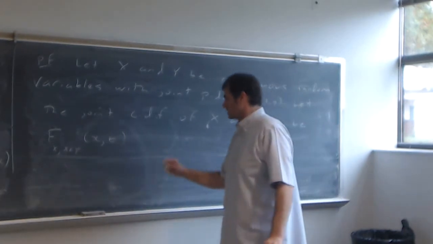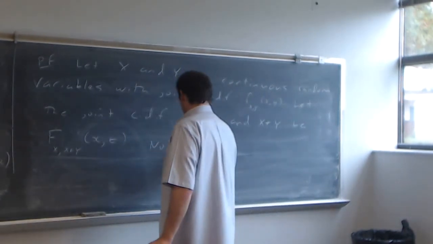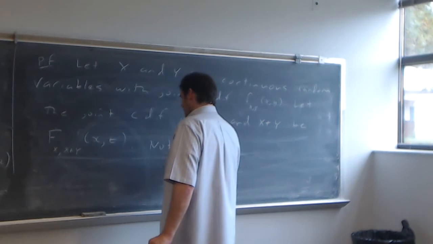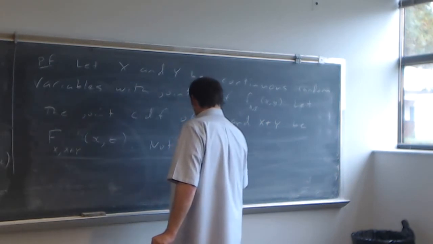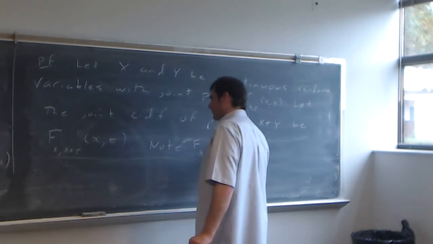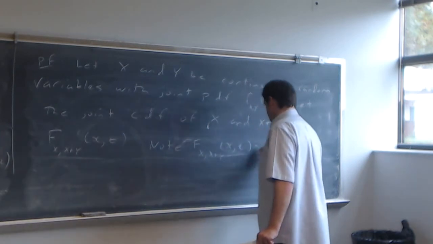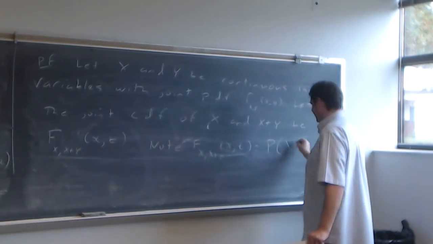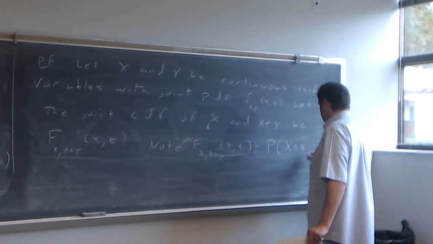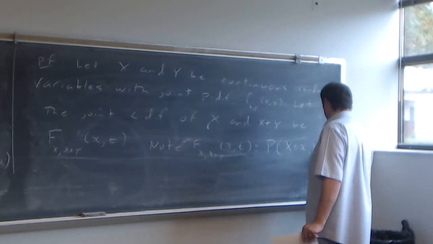Now, let's look at this. What does this mean? This CDF of X and X plus Y at x and t is the probability that X is less than or equal to little x, and X plus Y is less than or equal to t.